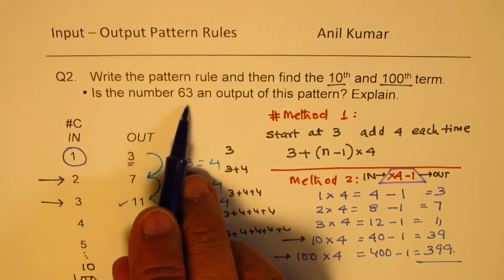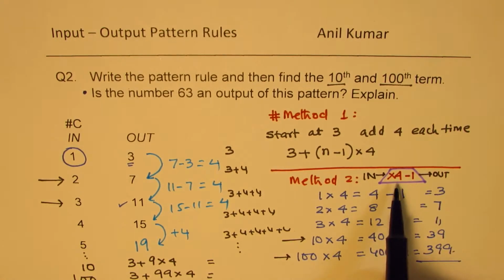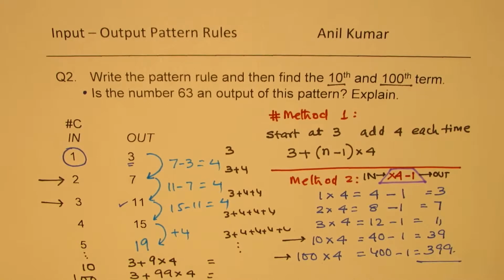Now, another part of this question is, is the number 63 an output of this pattern? So what do we see? All the numbers are 1 less than multiples of 4, right? Correct. So we need to see, is 64 a multiple of 4? Well, 64 minus 1 is 63, and 64 happens to be a multiple of 4, right?